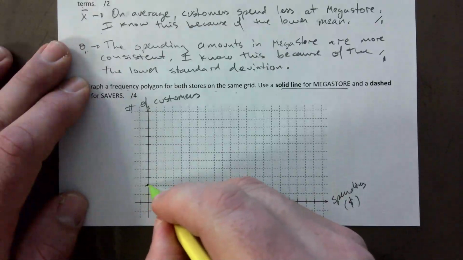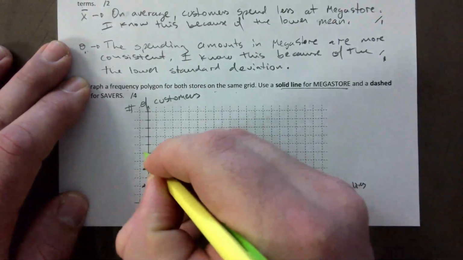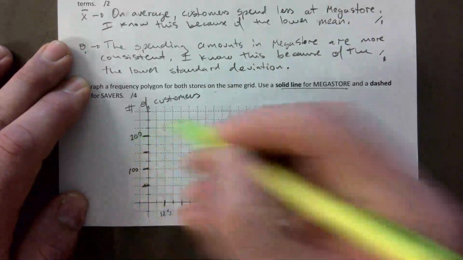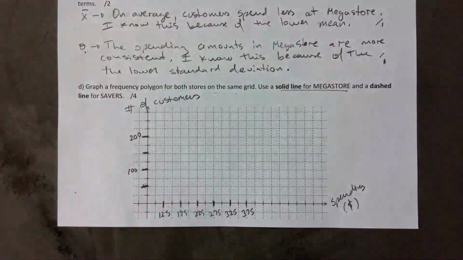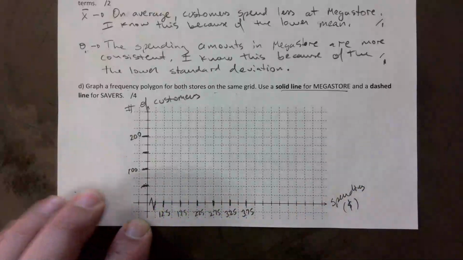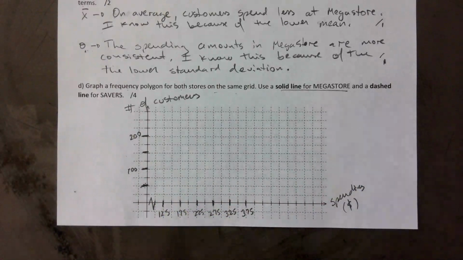So I'm going to go 50, 100, 150, 200. That's what I chose to do. It doesn't matter, as long as you're consistent, you know that by now. Zipper, right? Make sure you put a zipper in, and then you can do whatever you want after, okay?